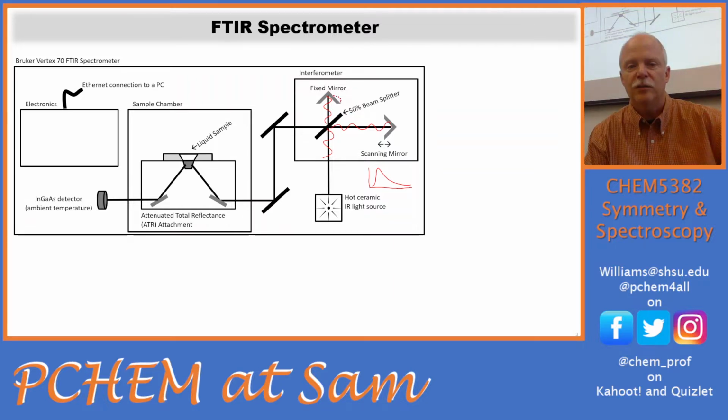So this is a Michelson interferometer that I've shown here. And so then that light is sent through our sample. This produces what we call an interferogram. So you have this big center burst.